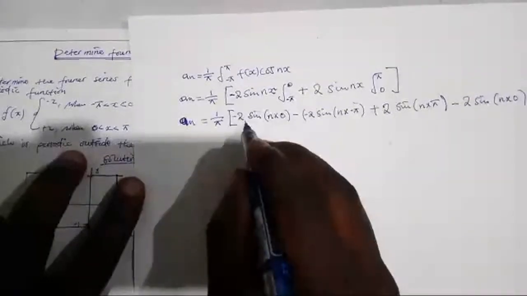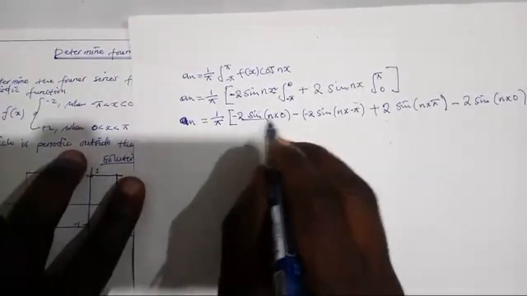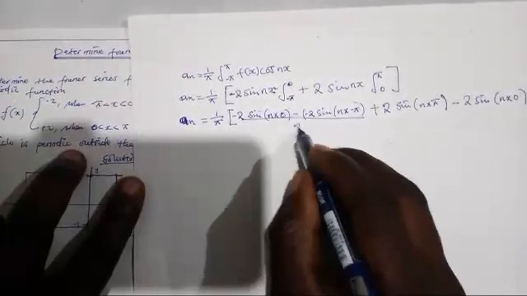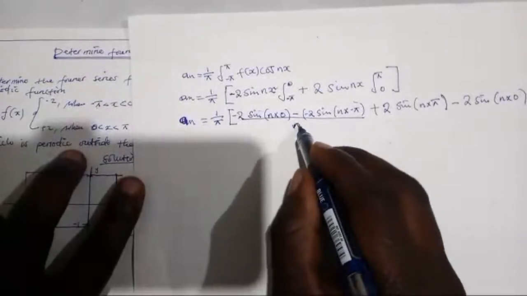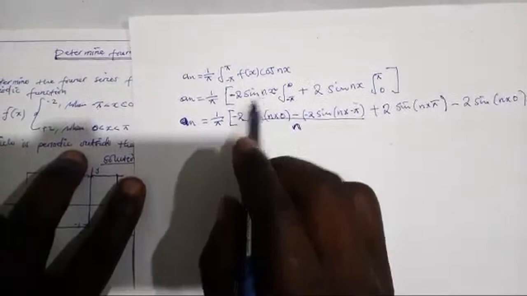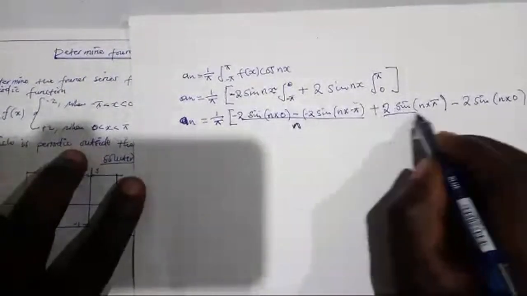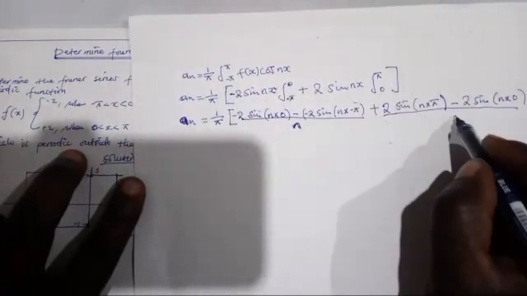Then here we all have n, because when you're integrating, the number which should be here should be divided throughout. Even here we have over n, okay.